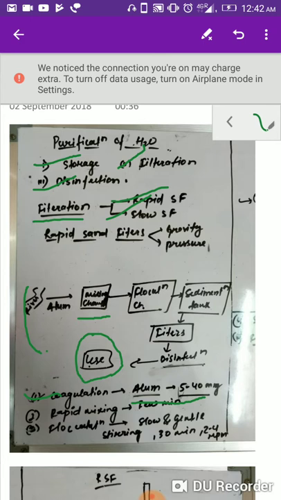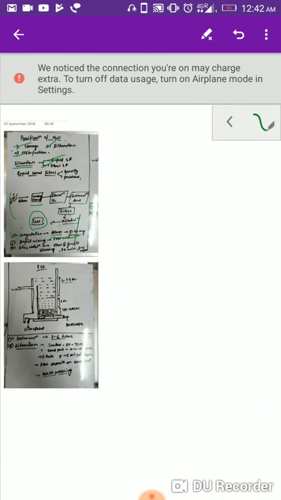This is basically done to mix the alum throughout the water. After this there is formation of a thick copious white flocculent precipitate, in the form of aluminum hydroxide. So coming to the next slide.